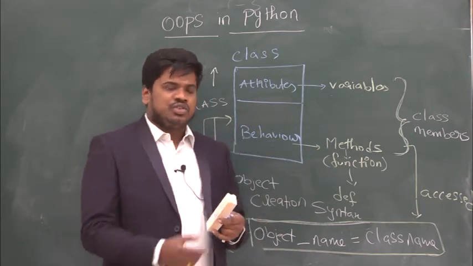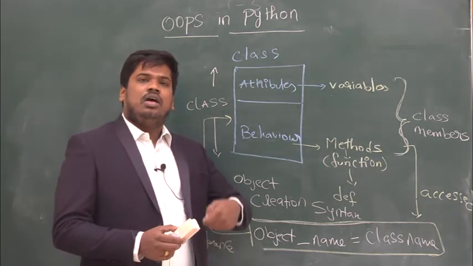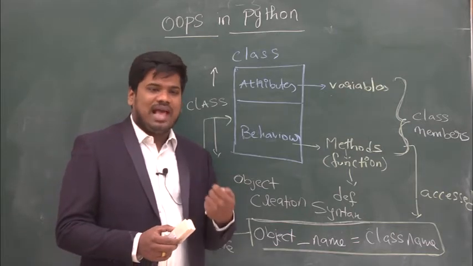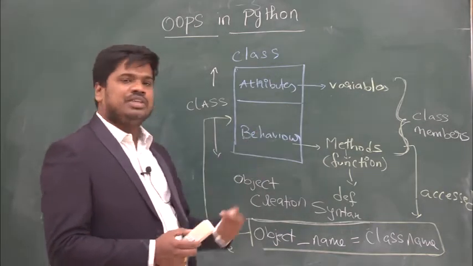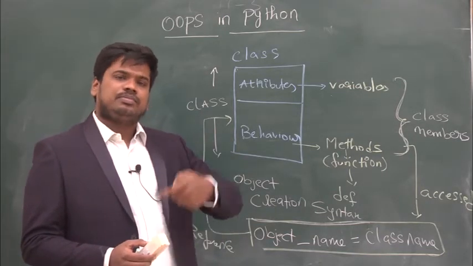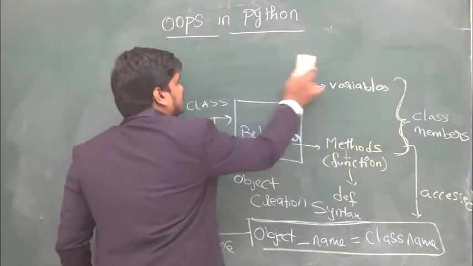Is it clear? So coming to the next important thing, we will learn with a simple programming example. We will learn how to access variables and members by creating an object. So observe carefully.